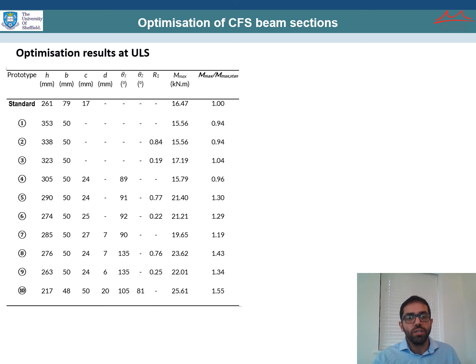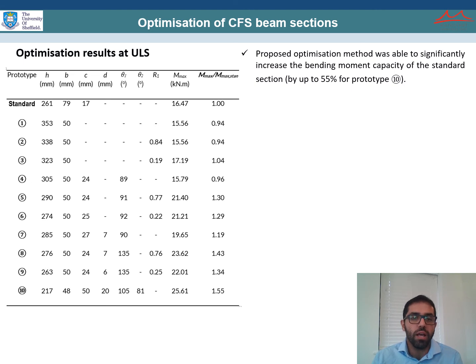And the optimization results at the ultimate limit state are listed in this figure. Actually, all the dimensions for each prototype are listed in this figure.